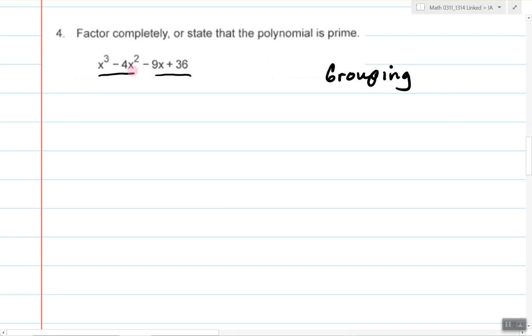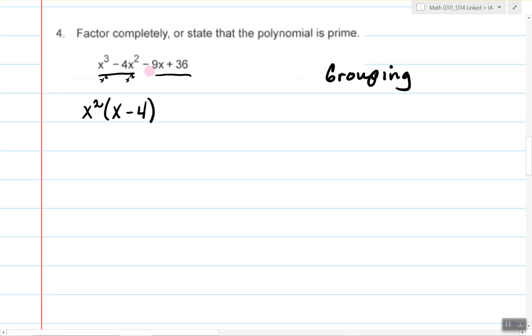In just the first group, is there a common factor just between these two? The answer is yes. The common factor is x squared. You'll divide by x squared, divide by x squared. X squared goes in there. You'll use the quotient rule. You end up with x. Divide here and you get minus 4. That's for the first group.